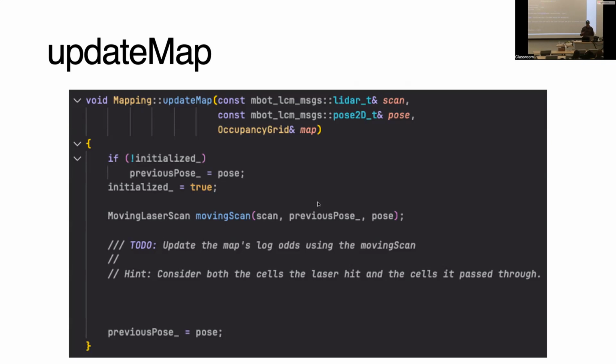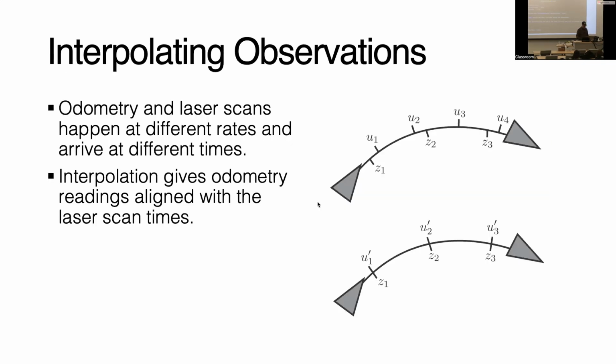So why do we need a moving laser scan? As we're driving along, the laser is rotating and giving sensor measurements, and all those measurements are at different times than the poses the robot is at.